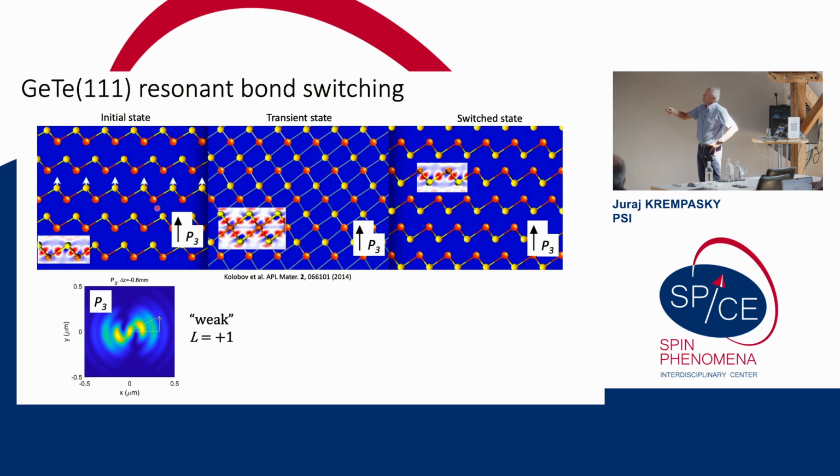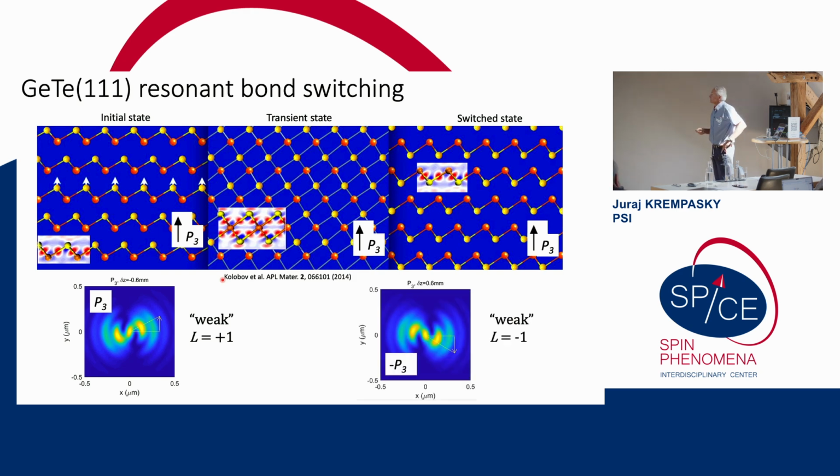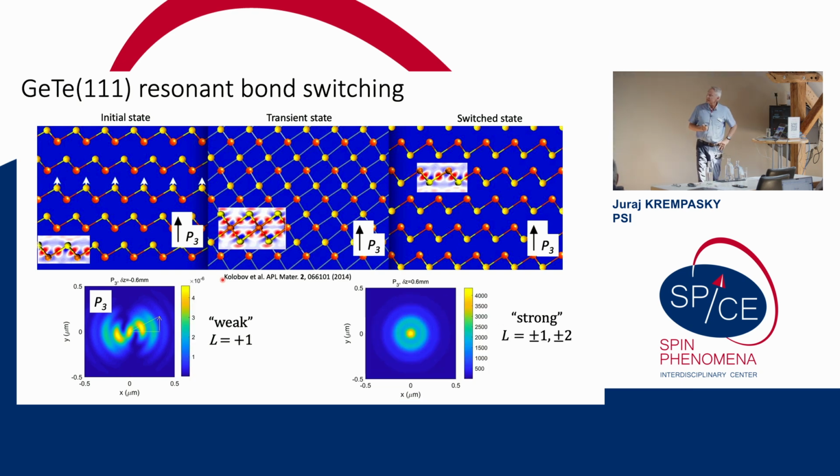And what you see here is a sketch of how the polarization is changed through some transient state into a switched state. Let's say here we have this P3 component with weak polarization. Simply the bond lengths between germanium and tellurium swap, so the longer becomes shorter, and this is how the switched state materializes. And if we then rotate it, if we use the opposite OAM, then we reverse the polarization. So this is the mechanism.